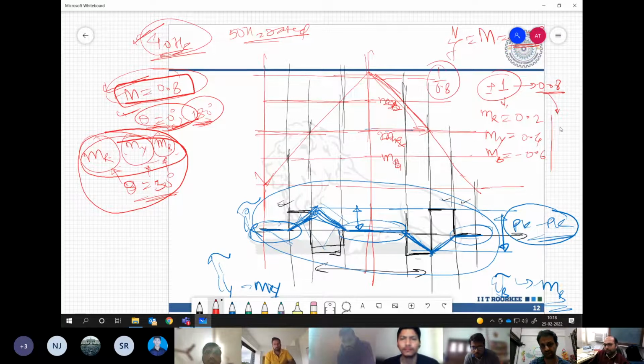So this becomes 0.25, then this becomes something like 0.6, then this becomes something like 0.75. Understanding my point? I don't know, 0.75 or 0.85, how much it would be? This is perhaps 0.5 only, right? Yes.